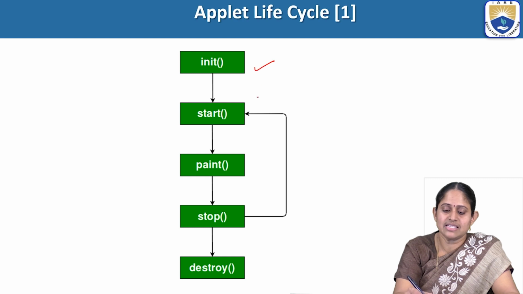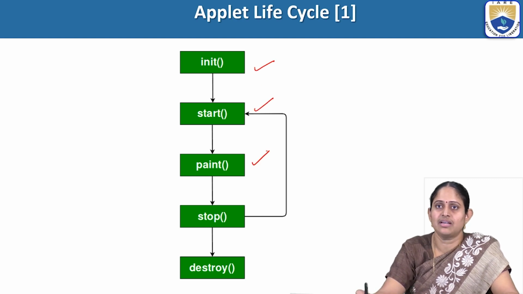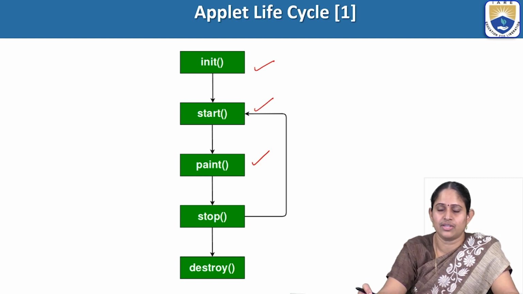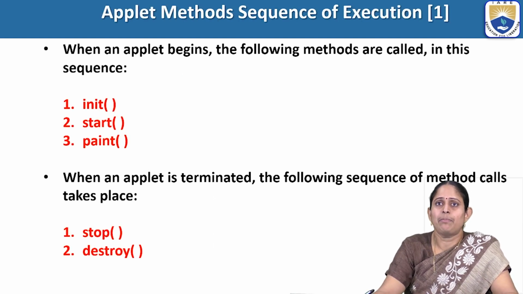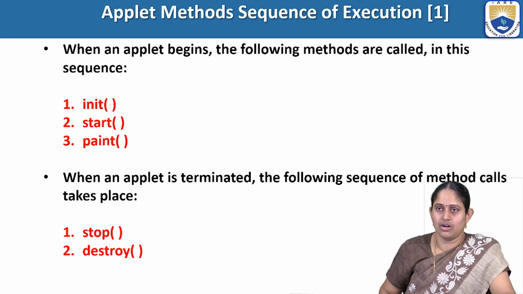The first three, init, start and paint, form the initial execution part of the applet, and stop and destroy are called to stop the applet. So when an applet begins, the init, start and paint methods are called in sequence, and when it is terminated, the stop and destroy methods are called.